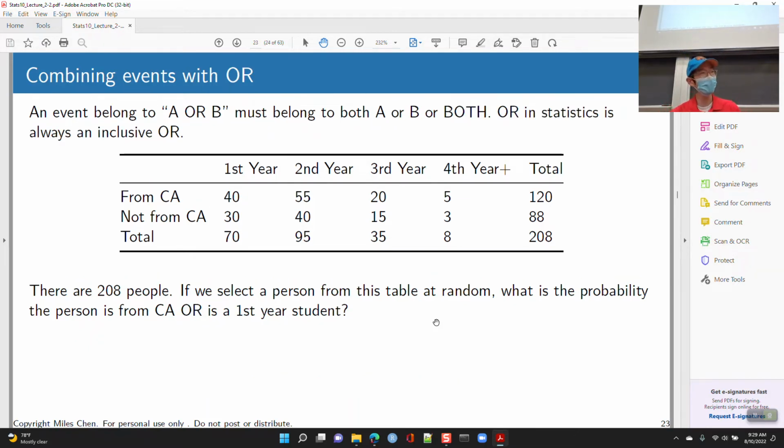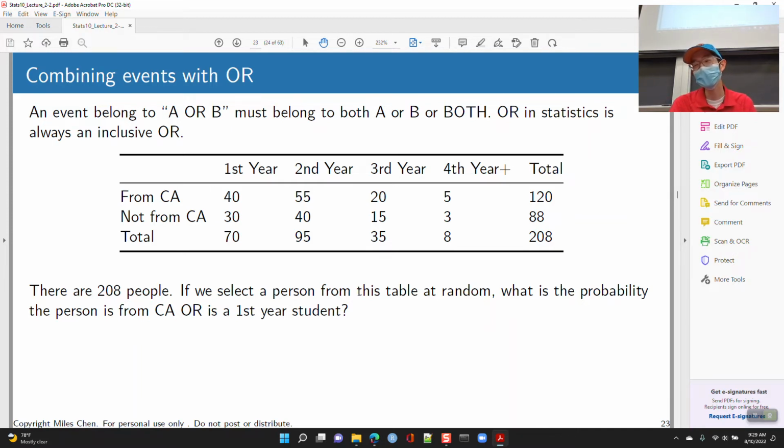Okay, what if we ask this question: what is the probability that someone is from California or is a first-year student? In statistics, anytime we see the word or, A or B, that means A or B or both. It's an inclusive or, okay?